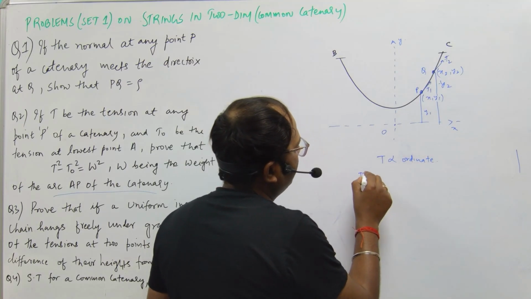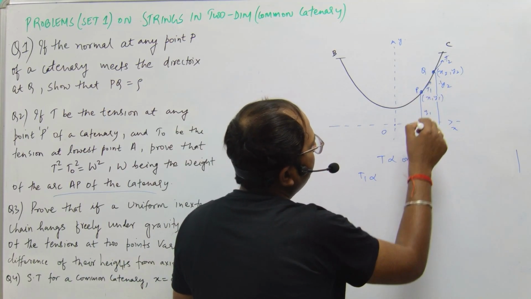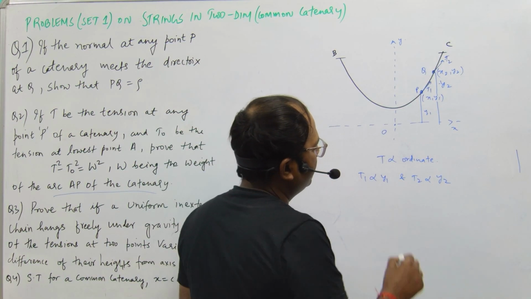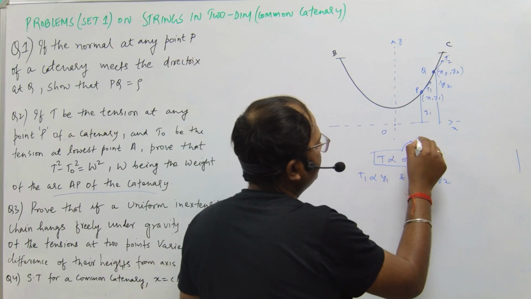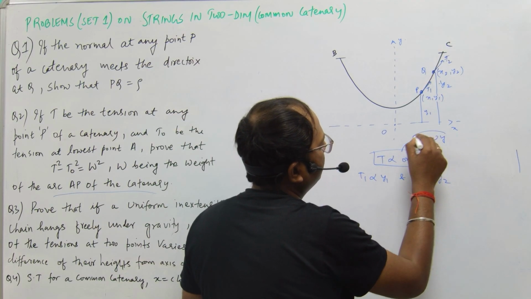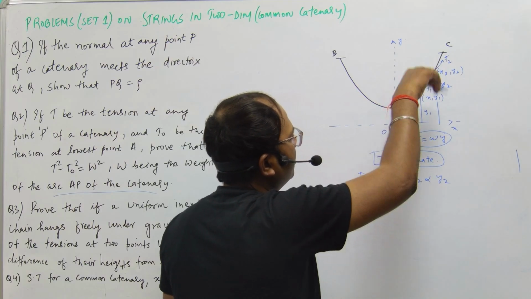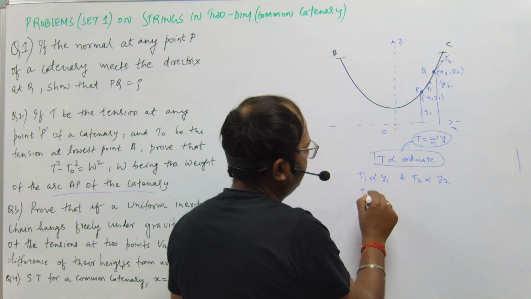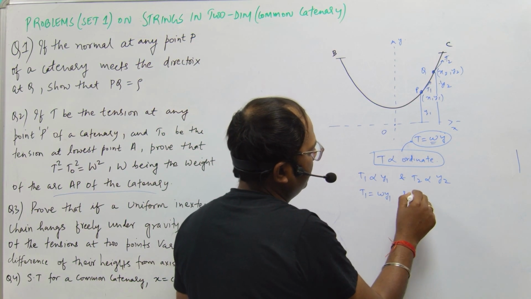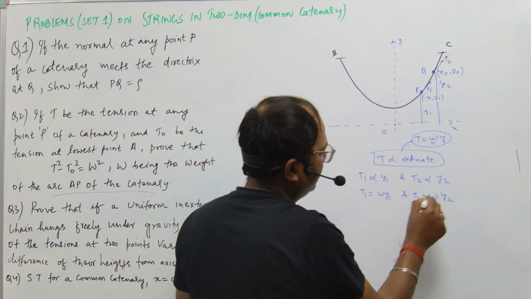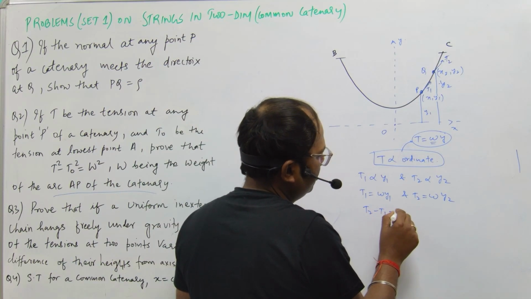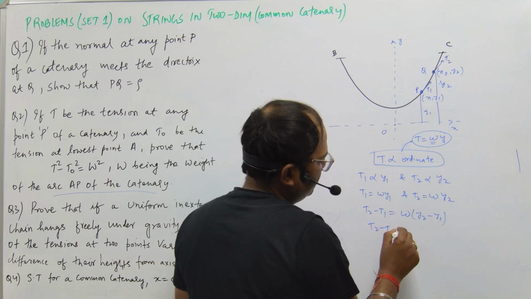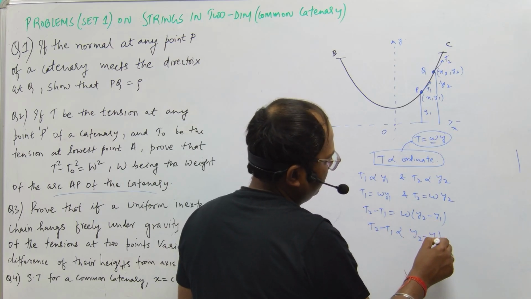So T1 is proportional to y1 and T2 is proportional to y2, and the relation between tension and ordinate is tension equals weight per unit length into y. Let us consider the weight per unit length as small w. So T1 is equal to w y1 and T2 is equal to w y2. So T2 minus T1 is equal to w times (y2 minus y1). So T2 minus T1 is proportional to y2 minus y1.